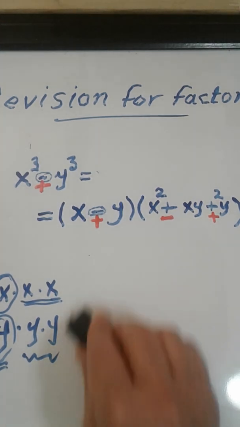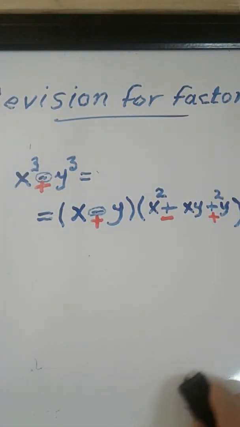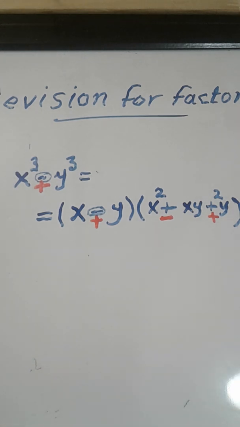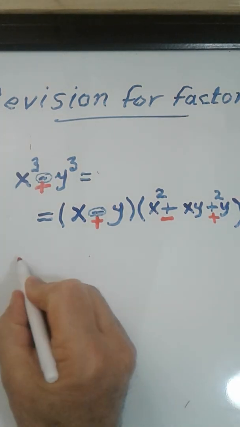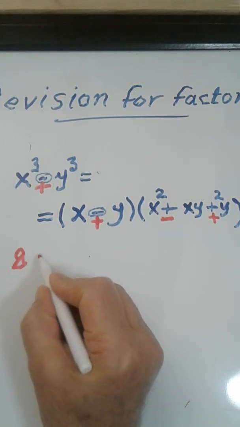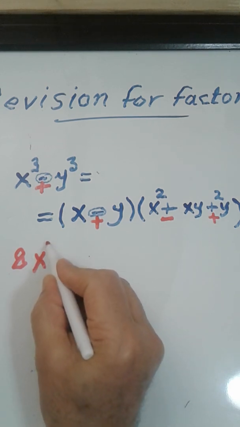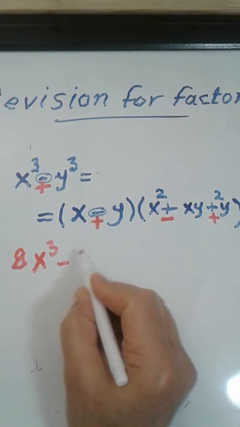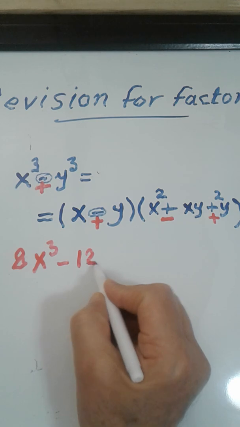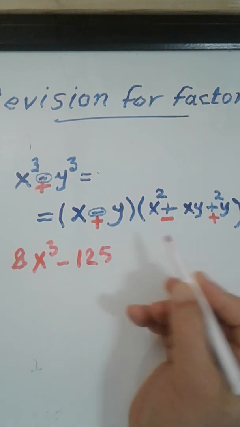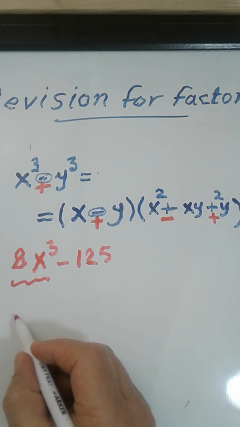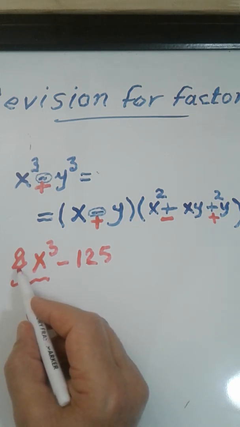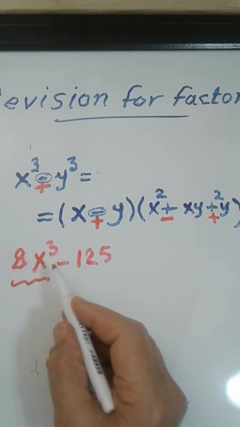Let us give examples on this. Example, take 8x cubed minus 125. We see this is like 2 times 2 times 2, x times x times x.